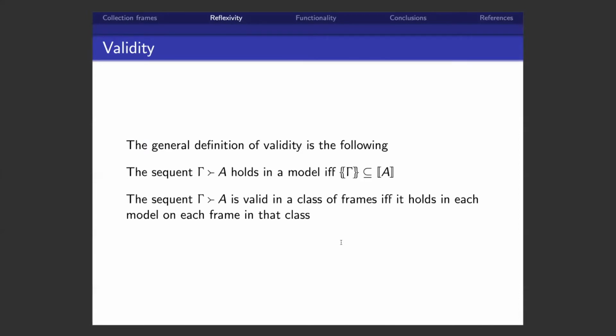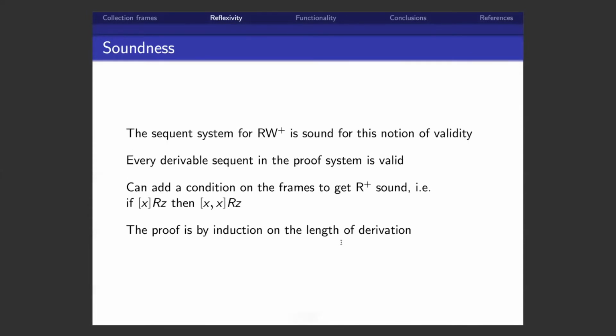That's the notion of validity that we were working with, just a slight generalization of the straightforward one: the left-hand side is verified at a point, and the right-hand side is too. And the upshot of this is that the sequent system for RW plus is sound for this notion of validity. So every derivable sequent in the proof system is valid.